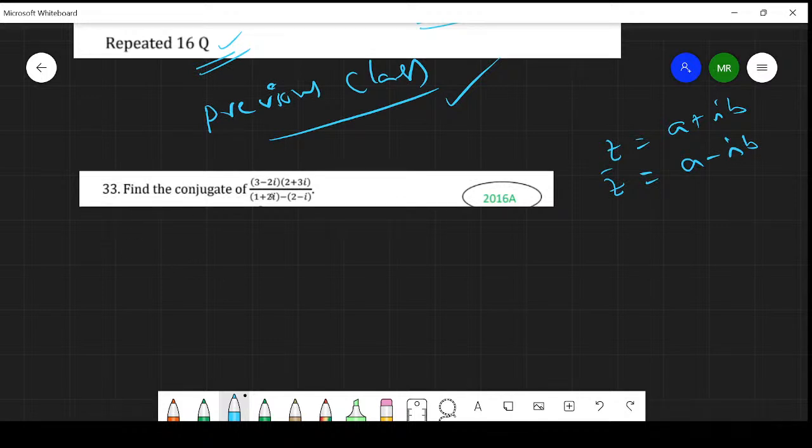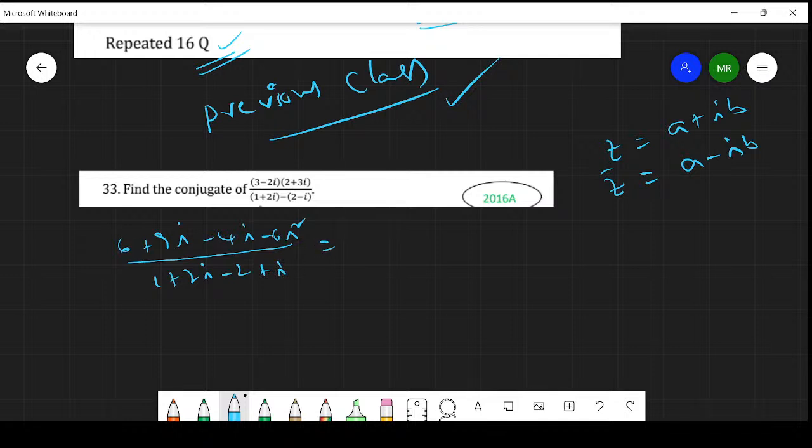Just multiply the given complex number, it comes 6 plus 9i minus 4i, you will get minus 6i square. See the denominator, 1 plus 2i minus 2 plus i.